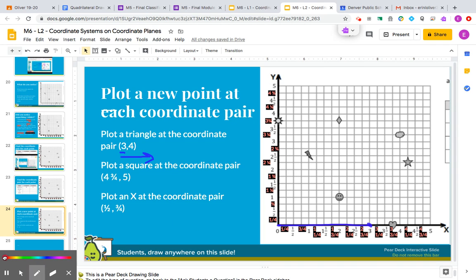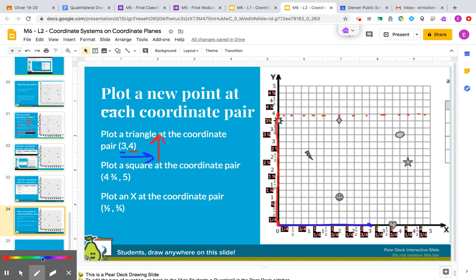And now I have to figure out how high I have to go, because 4, the y, tells me how high. And I have to go 4 up. So I'm going to start at my origin, and I'm going to move till I hit 4. But these points have to meet, so I'm going to draw my line over, because y is 4.